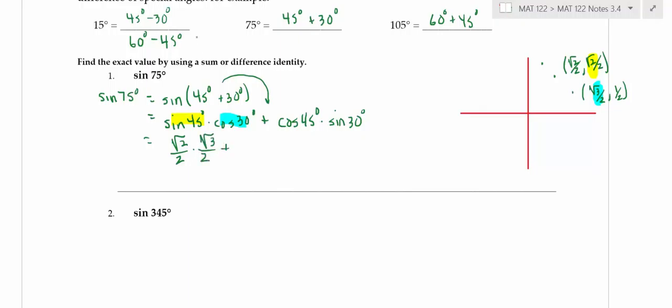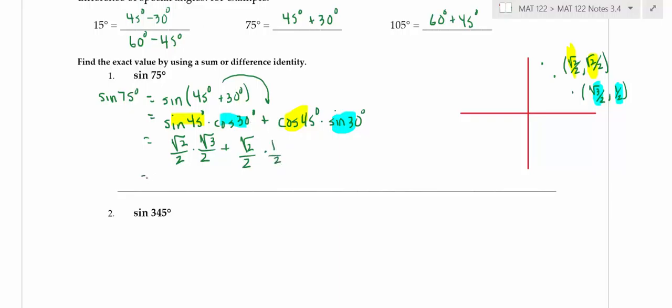Okay, then we're going to move on to the cosine of 45, which is the x value. So that's also going to be square root of 2 over 2. And finally, the sine of 30 is going to be the y value at this point. So that's going to be 1/2. So what you're dealing with is the identity in the unit circle.